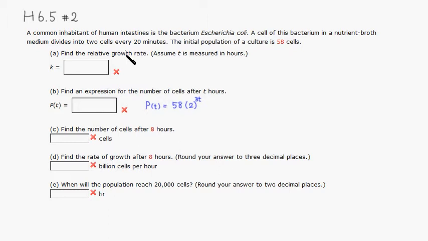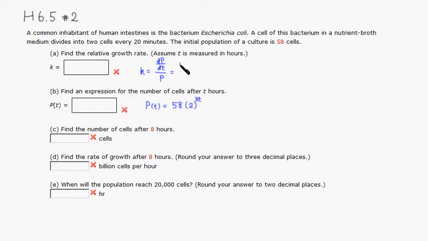Remember that the relative growth rate is the k value. Since it's a relative growth rate, it's dP over dt over P, right? So we just have to take the derivative of this.